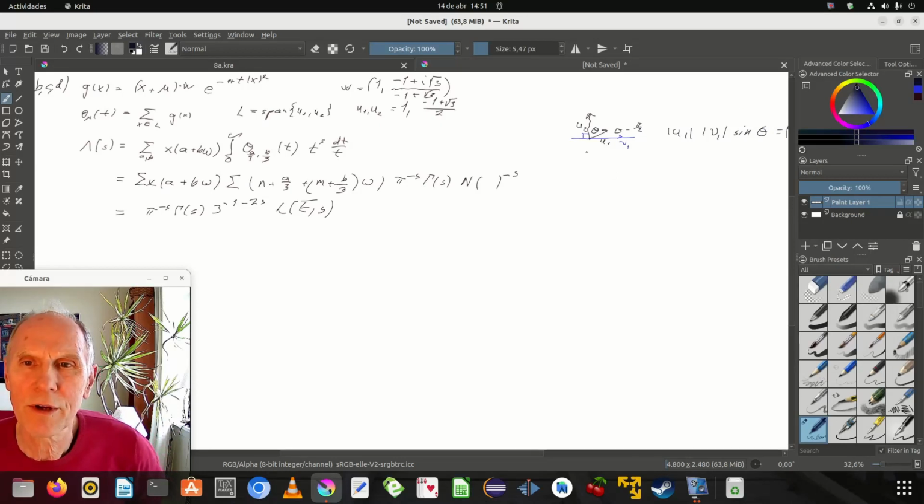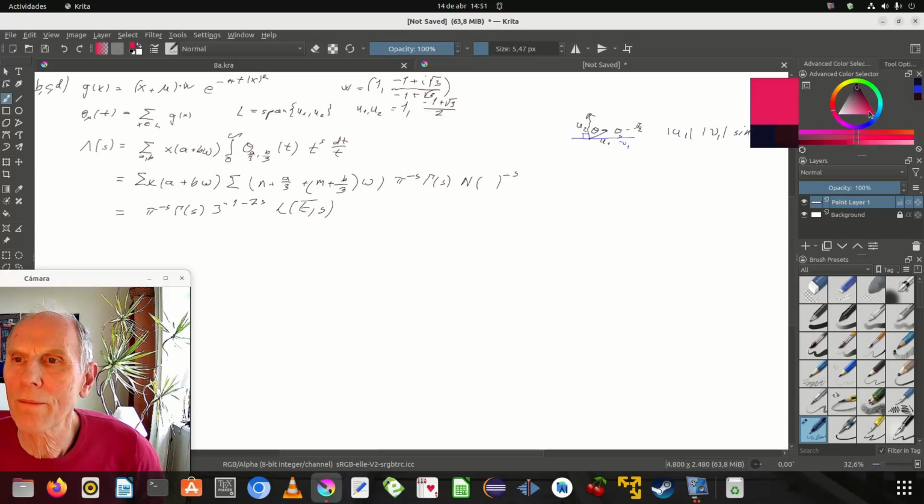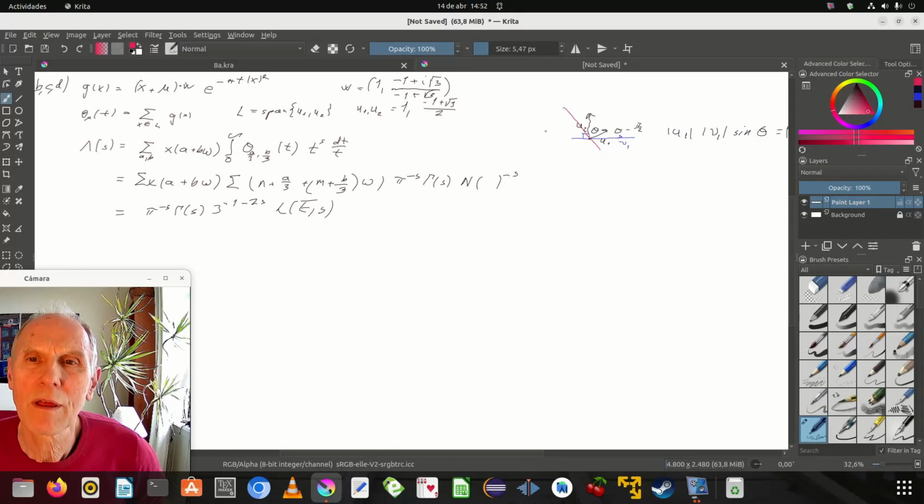And V2 must be orthogonal to U1. So it must go up here, so that the angle between these is pi halves minus theta.